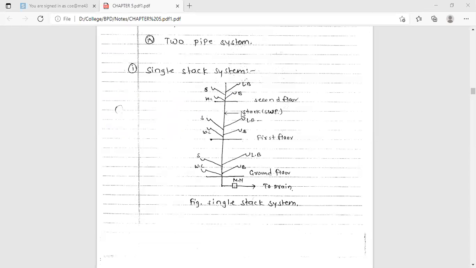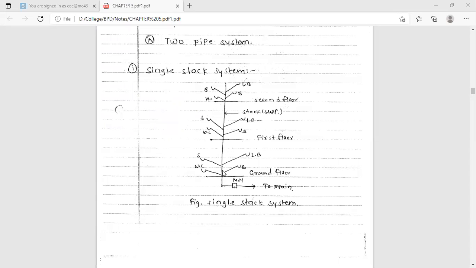Here at different floors, whatever different outlets are there, all the outlets we are going to connect to a single stack only, or single pipe only. Such a type of plumbing system is nothing but the single stack system, and in a single stack system we are not going to provide a separate vent pipe.